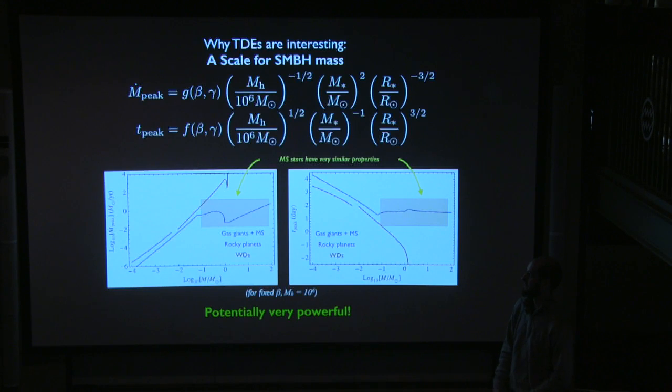And due to the fact the mass-radius relationship for stars is close to 1, it turns out that the timescale over which tidal disruption events peak is pretty constant over 3 orders of magnitude in stellar mass. So that means if you observe a stellar tidal disruption and you measure what time it peaks, in principle you can very reliably determine the mass of the black hole doing the disrupting. So that would be very powerful, and it could teach you a lot about the demographics of black holes.